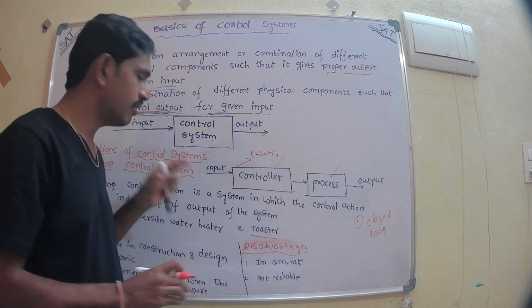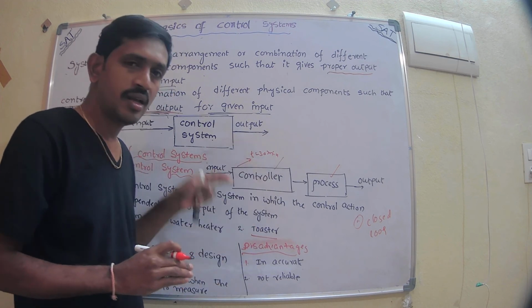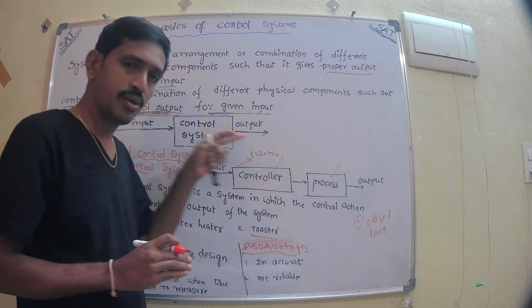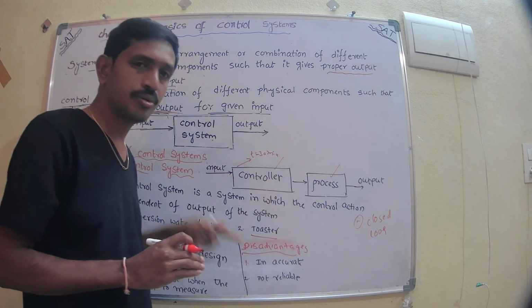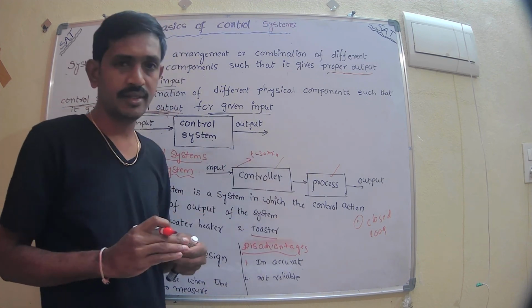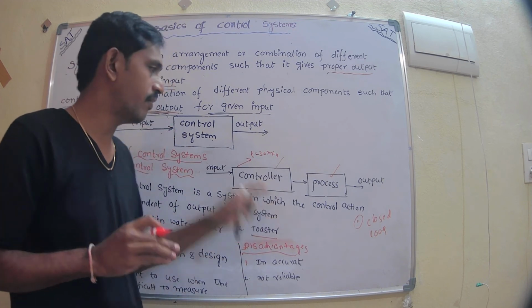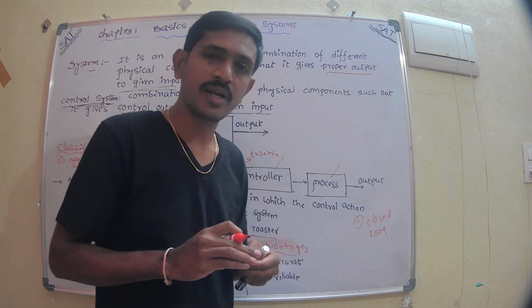Whenever we switch on the washing machine, the controller gives the input depending upon the timing. Up to 30 minutes it will wash all the clothes. After that the output automatically turns off.